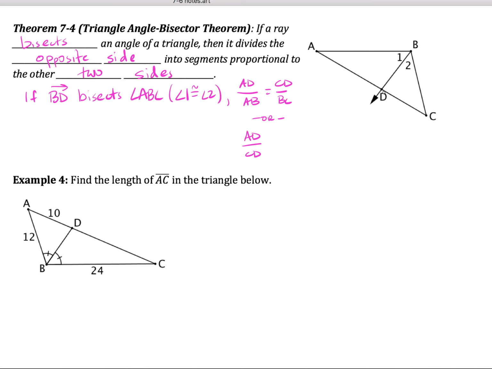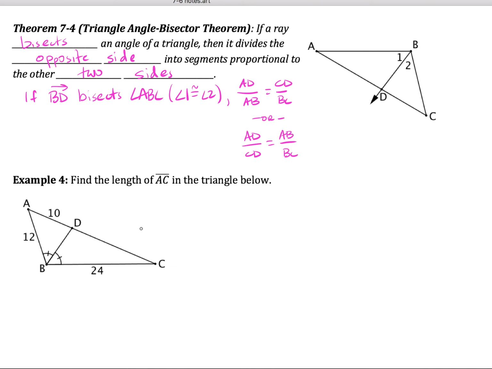So we could say this part of the third side over this part of the third side would equal this side of the triangle AB over the other side of the triangle BC. So either one of these proportions would result when ray BD is bisecting angle ABC.